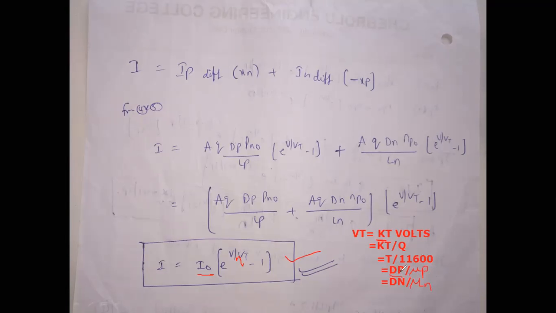I am not able to write D suffix p in this tool, which is why I have shown it like this. Dp is the diffusion constant of holes, mu p is the mobility of holes, Dn is the diffusion constant of electrons, and mu n is the mobility of electrons. Mobility of electrons is greater than mobility of holes.